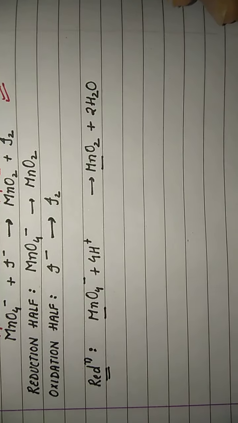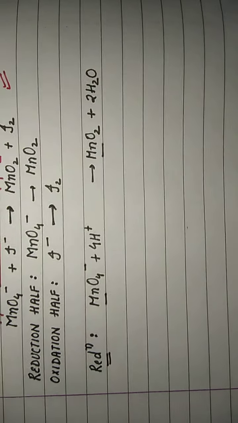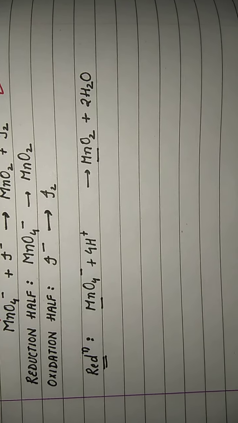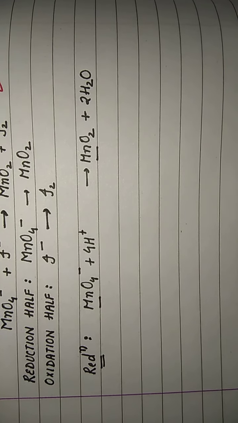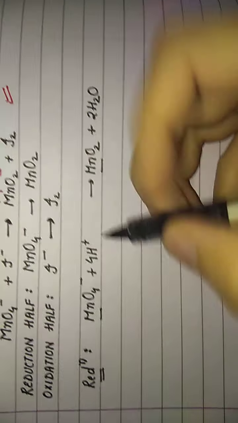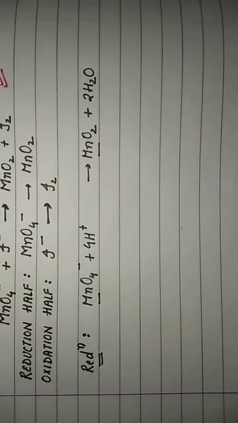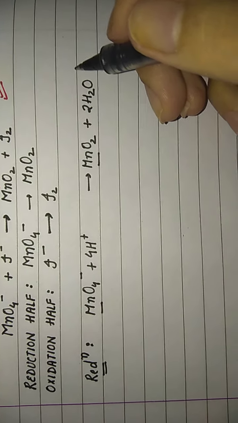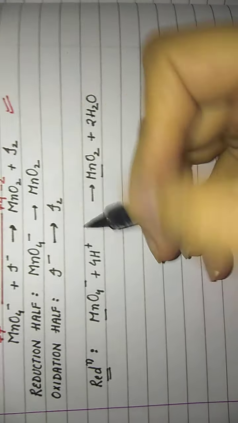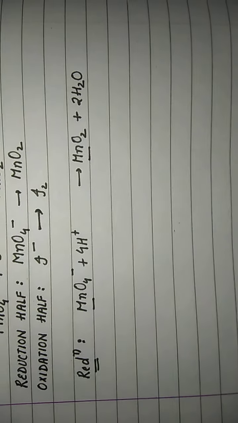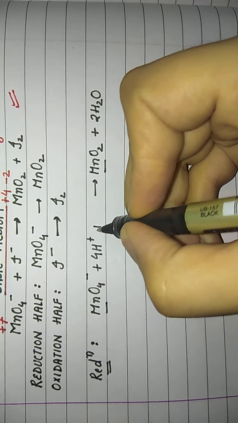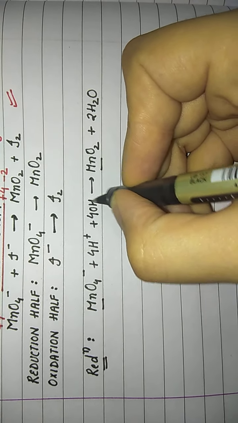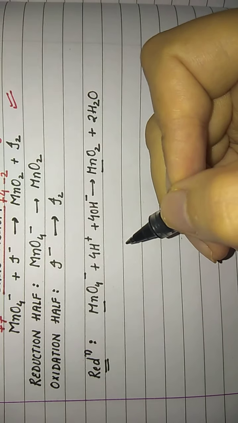Now in acidic medium, after this step we used to balance the charge. But there is one extra step after the balancing of hydrogens in basic medium. What is that extra step? On the left hand side we have added 4 hydrogen ions.